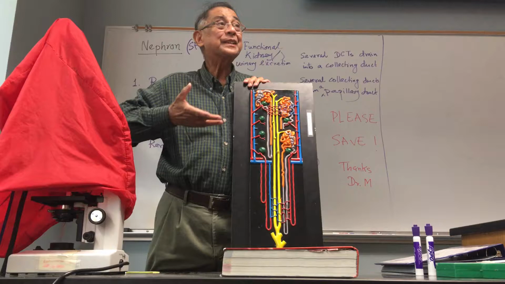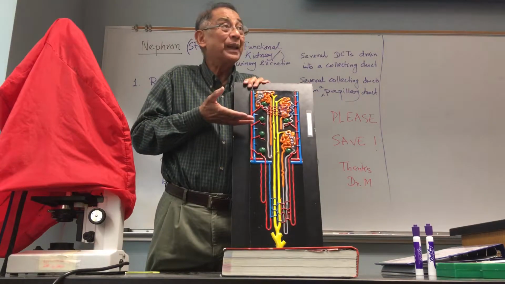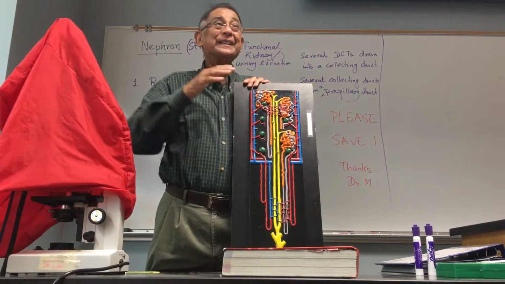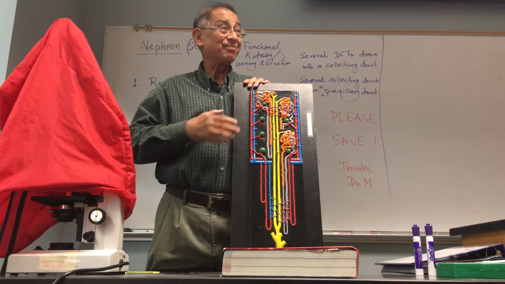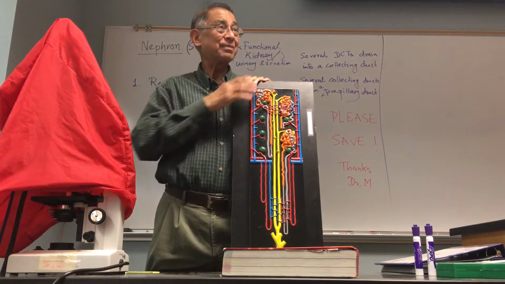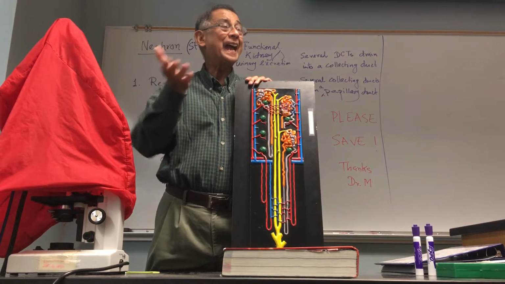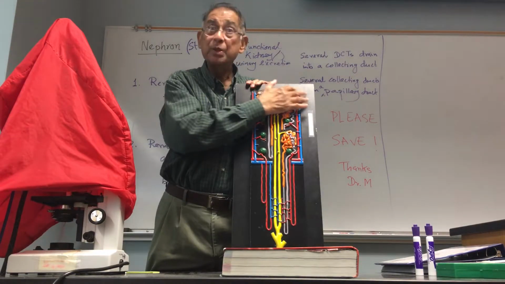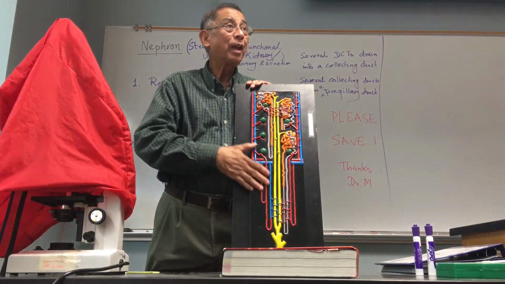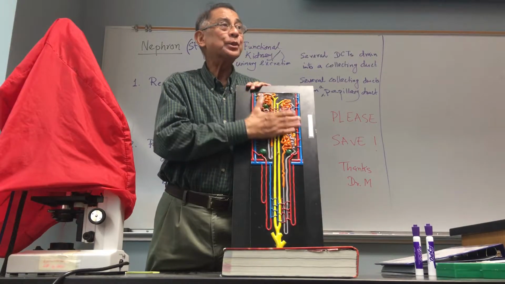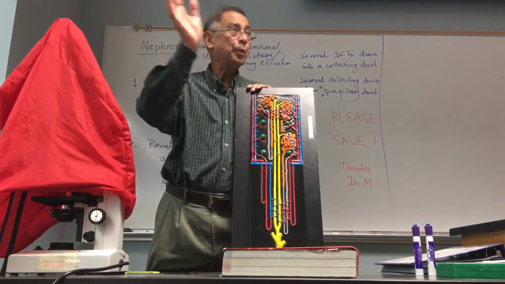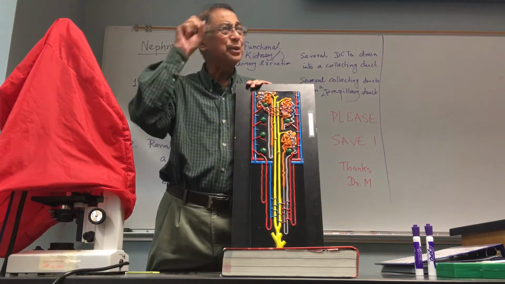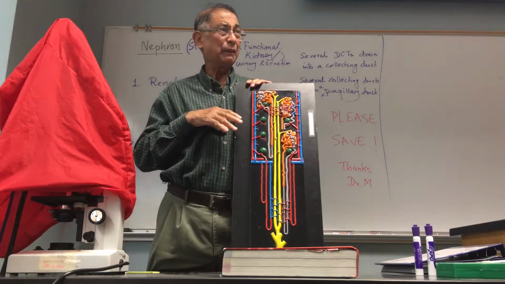The toxic substances will accumulate and remain in the system, and that is detrimental. And for that, what is the temporary relief? It would be dialysis, through hemodialysis, by removing wastes and adding nutrients through an artificial kidney or kidney machine. And the permanent solution would be a transplant, isn't it? But anyway, you are going to learn about that. I just gave you some information so that you can relate, okay, for your benefit.